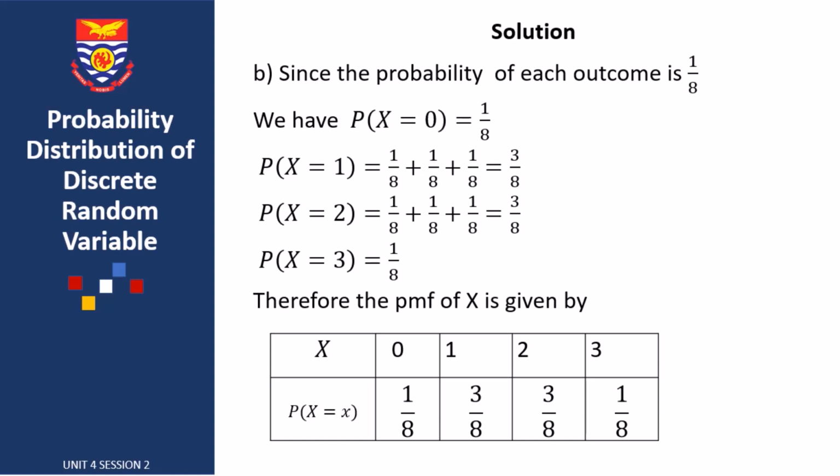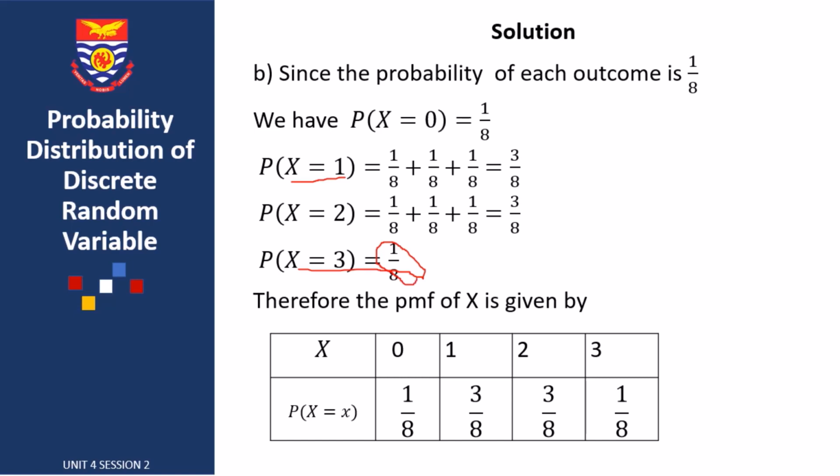So the probability of x equal to 0 is 1 over 8. For x equal to 1, we have 3 outcomes, so 1 over 8 plus 1 over 8 plus 1 over 8 gives 3 over 8. That of x equal to 2 also gives 3 over 8, and that of x equal to 3 gives 1 over 8.